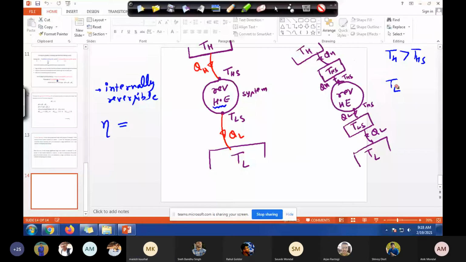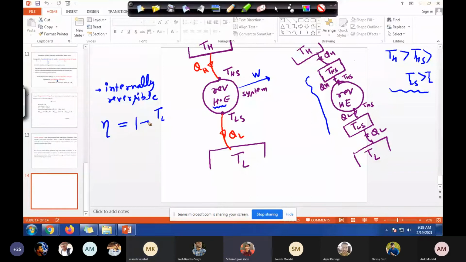Efficiency of this engine in terms of temperature, 1 minus which temperature will you take? If you have any confusion, take this diagram. I can always replace this THS by a thermal reservoir. So 1 minus TLS by THS.